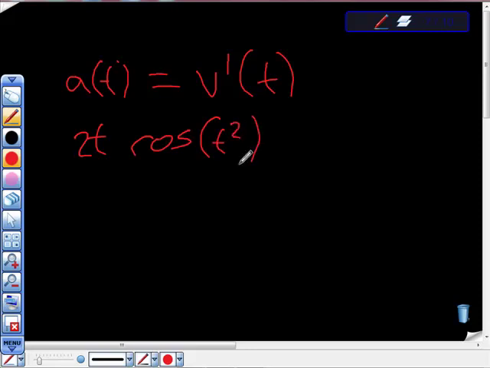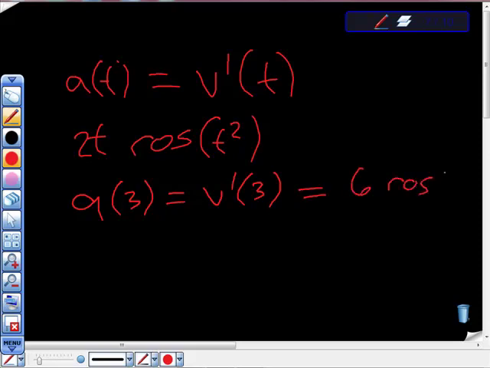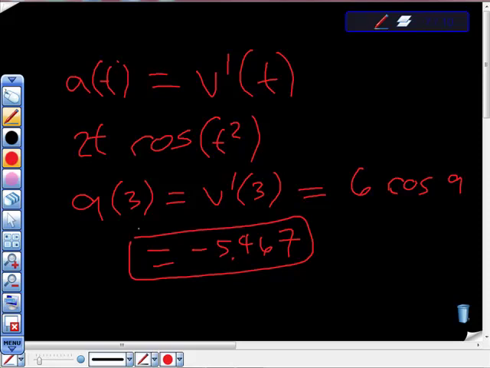And we're asked for the acceleration at time equals 3, so a of 3 is equal to v prime of 3, which is 6 cosine of 9, and that solves to negative 5.467. It's negative because it's telling us that the particle is slowing down at v prime of 3. So that's our answer for that.